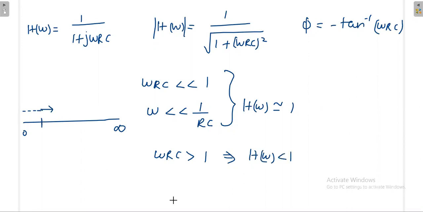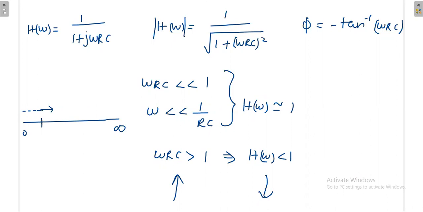The more the omega RC, the lesser the gain, because it is in the denominator. So at low frequency the gain is constant, and beyond a certain range, as you keep increasing the frequency, the gain decreases.